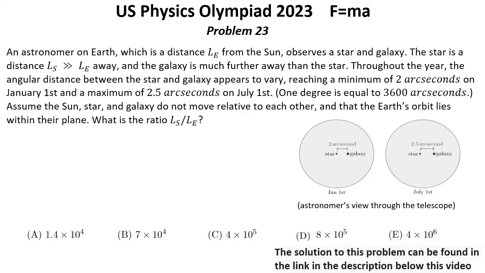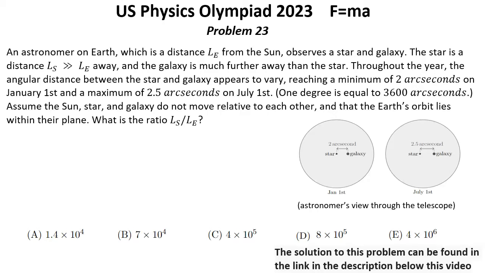Throughout the year, the angular distance between the star and the galaxy appears to vary, reaching a minimum of 2 arcseconds on January 1st and a maximum of 2.5 arcseconds on July 1st.